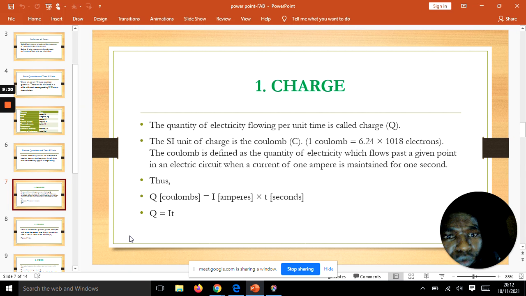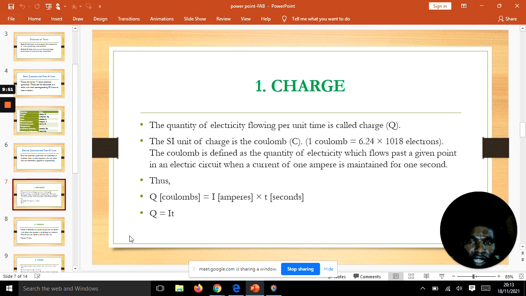Charge can be defined as the quantity of electricity flowing per unit time, and it is measured in units called coulombs, abbreviated as capital C. Now, what do we mean by the term coulomb? A coulomb is defined as the quantity of electricity which flows past a given point in an electric circuit when a current of 1 ampere is maintained for 1 second.